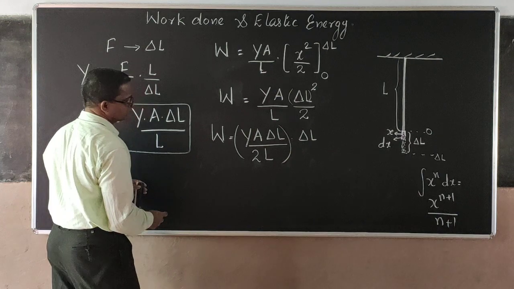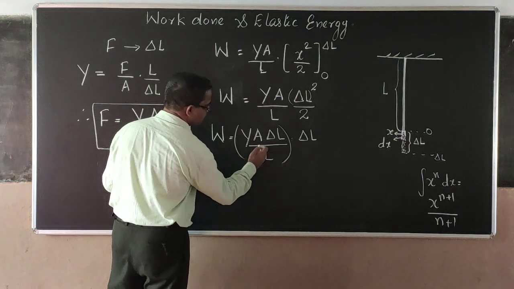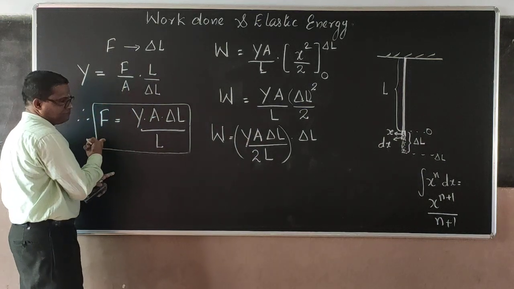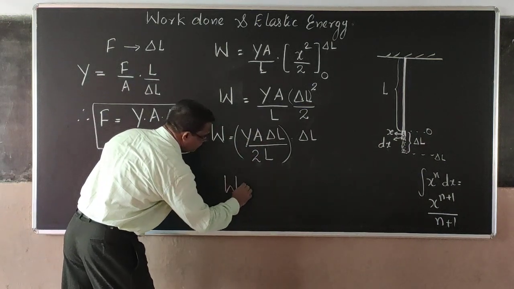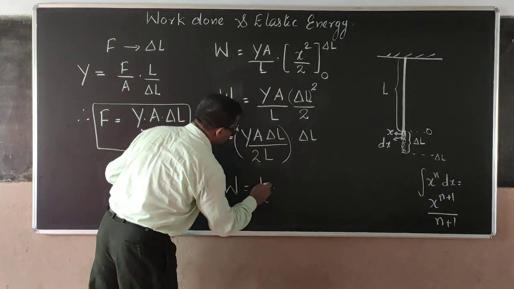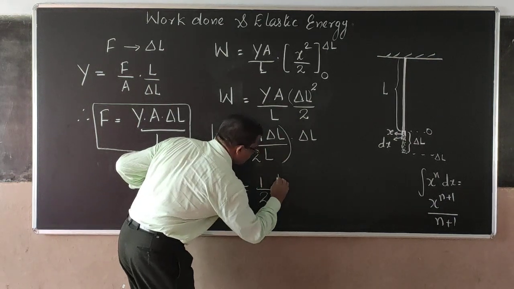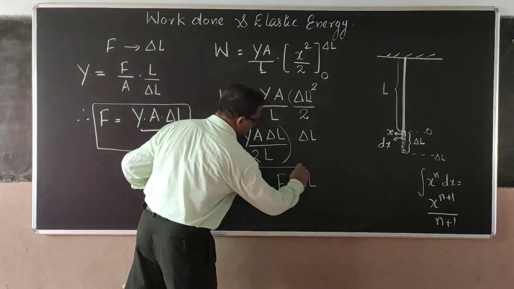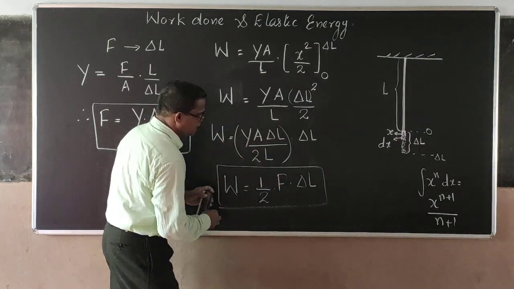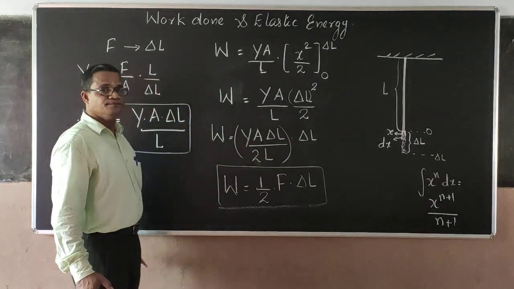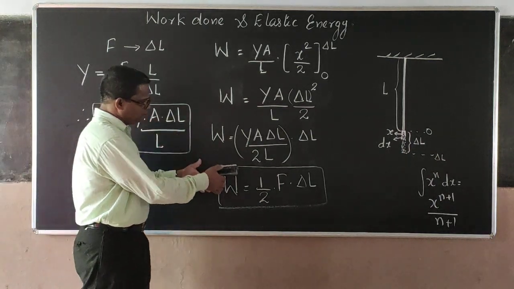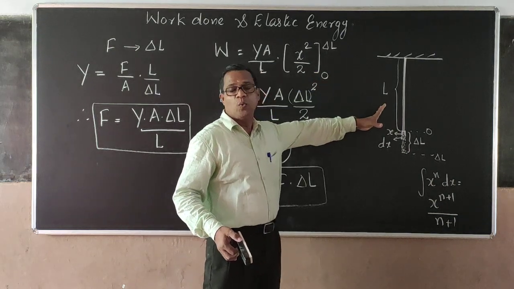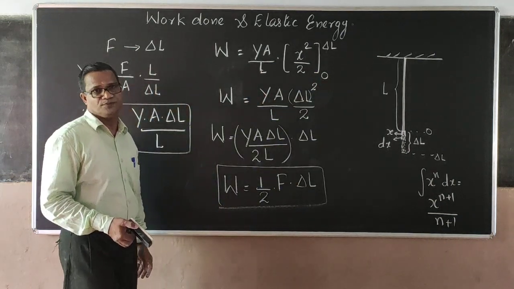Apart from this 2, Y into A into delta L by L, I can take as F. So the work done W will be equal to half into F into delta L. So this is the work done in stretching that wire through a length delta L. This much work done is getting stored in that wire as its elastic energy.